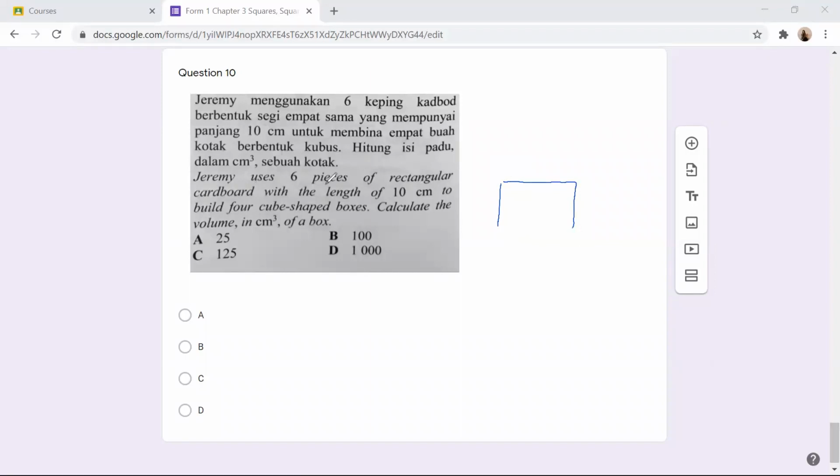Oh, I think there must be a mistake here. I think this is a square. Yeah, because the Malay version is segi empat sama. So this is a square cardboard with the length of 10. And got 6 pieces of this. Now, these 6 pieces of square, if we join together, it will form a big cube, isn't it?